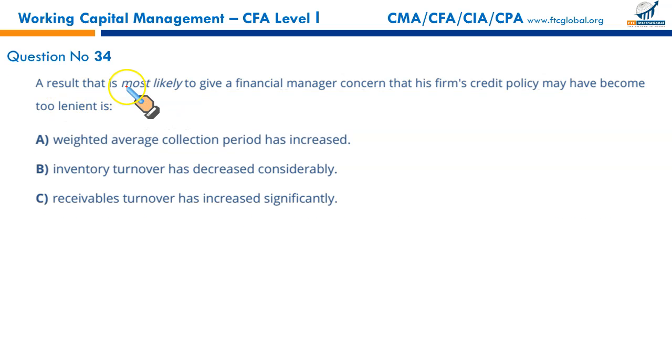Next, a result that is most likely to give a financial manager concern, that is, the firm's credit policy may have become too lenient. Lenient credit policy means that we allow a comparatively longer collection period. We allow a greater period for payment to our accounts receivable. So the weighted average collection period has increased.